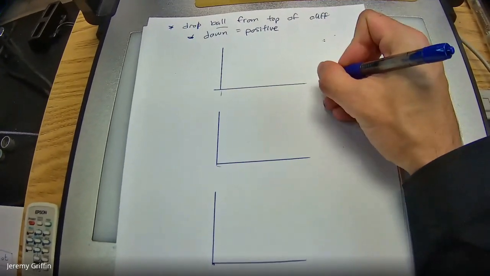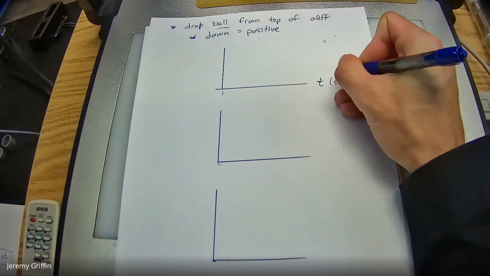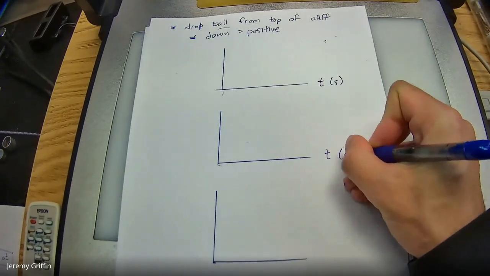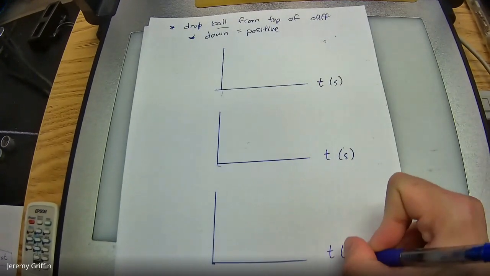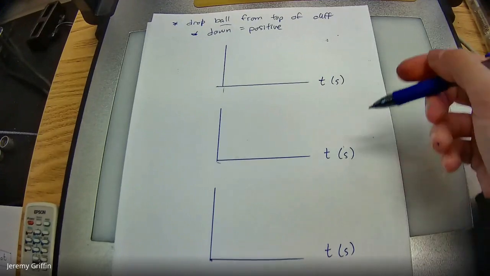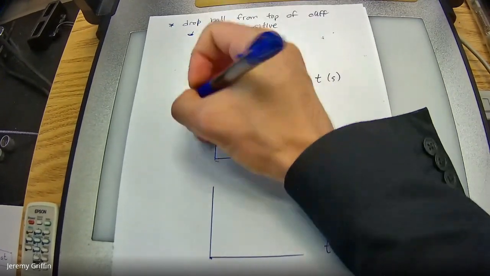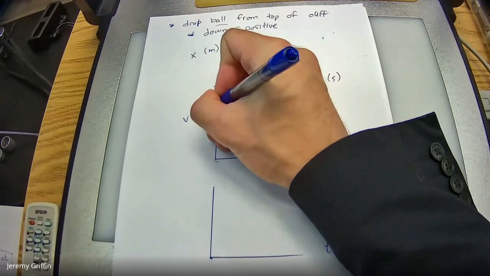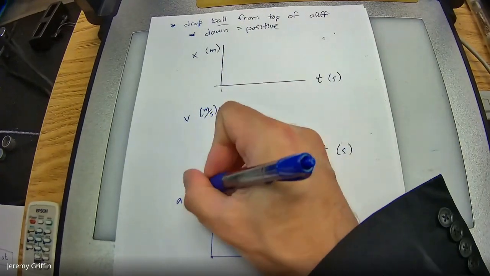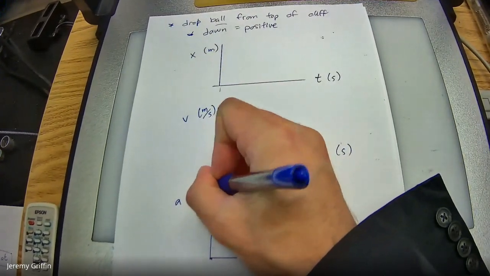Same axis as the last scenario, so time is always ticking along in seconds on the horizontal axis. Then the vertical axis, remember, is how far in meters, how fast in meters per second, and the rate of change of how fast in meters per second squared.